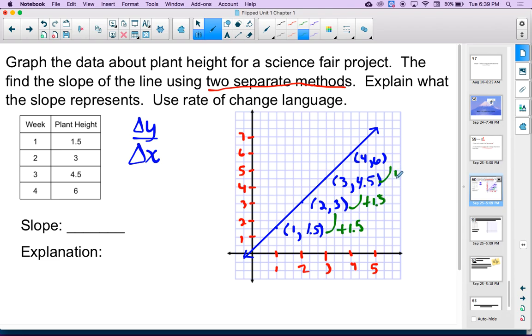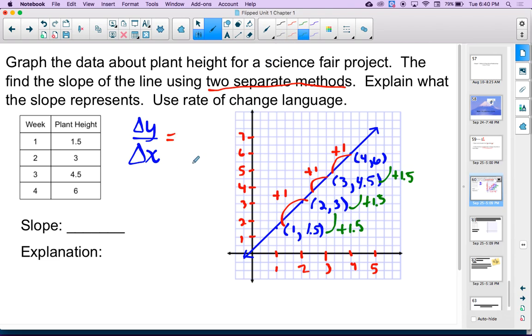And again, plus 1 5/10. Those will be our delta y's. If we look at the x's, 1 to 2, our x's are going up by 1. 2 to 3, x's are going up by 1. 3 to 4, x's are going up by 1. So our slope is delta y, that's my green numbers.